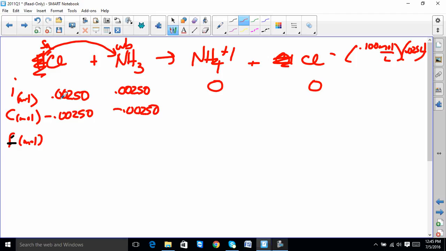And the beauty is the 1 to 1 to 1 to 1, this is 0.00250, and this is 0.00250, and then this, and this, and then this. And now here's the interesting part.